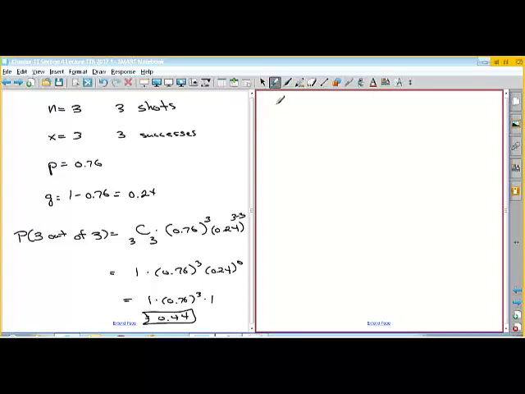So let's say we have Shaq. His free throw percentage is 0.40 or 40%.